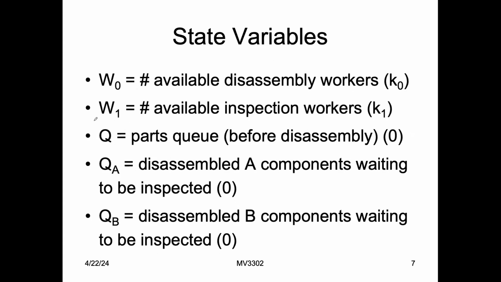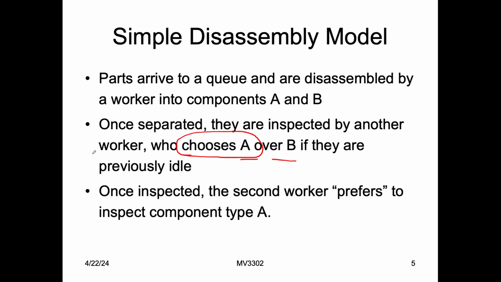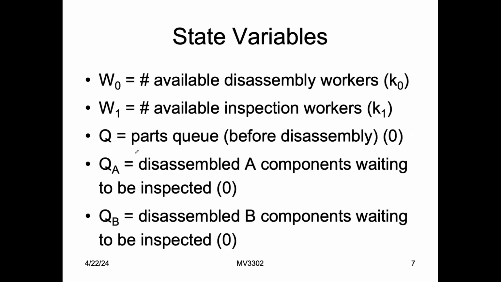But now we have 3 queues. And we're back to counting. We could do this as entities, but again, I always start simple. So we're just going to count. So we have 1 queue of the parts coming in, but then we have 2 queues, one for the disassembled A components waiting to be inspected, and one for the disassembled B components waiting to be inspected.